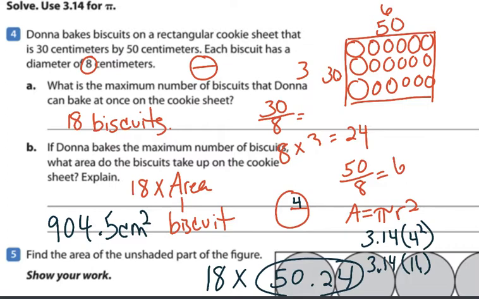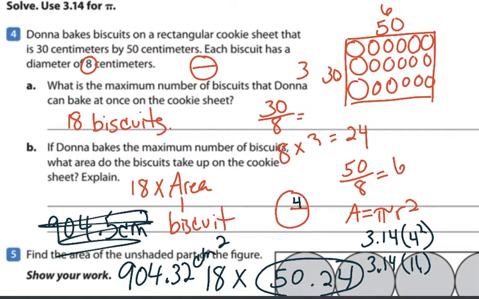I think I wrote that down wrong. If you do 18 times 50.24, you get 904.32 centimeters squared. So let's put that: 904.32 centimeters squared.